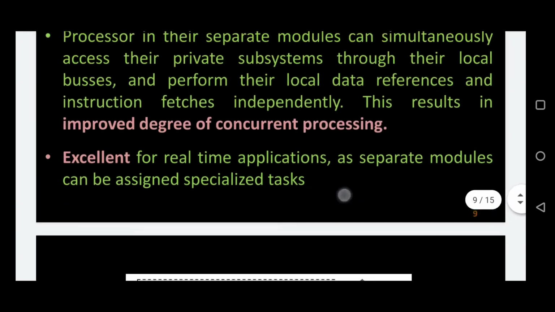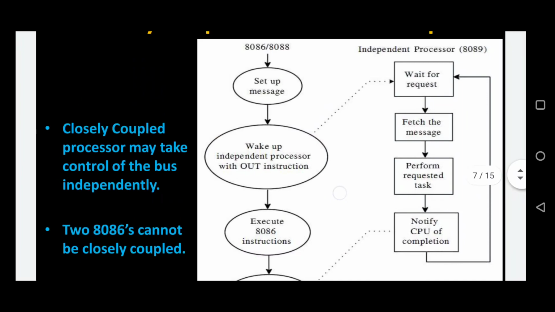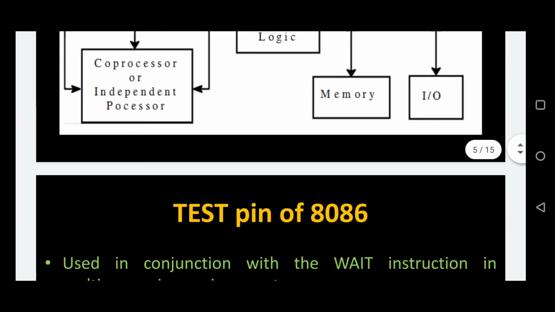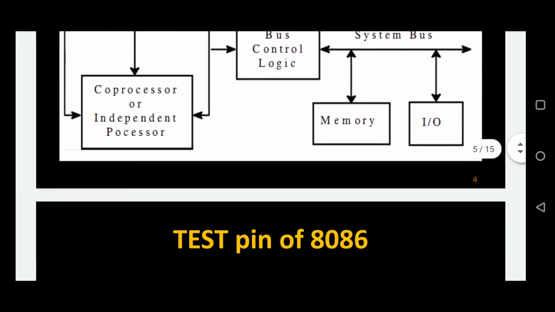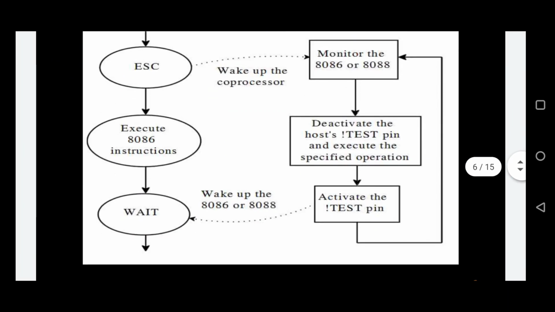Let me conclude: a system with more than two processors is called a multiprocessor configuration. In the first type, the coprocessor configuration, we see some important pins. A very important pin is the test pin.